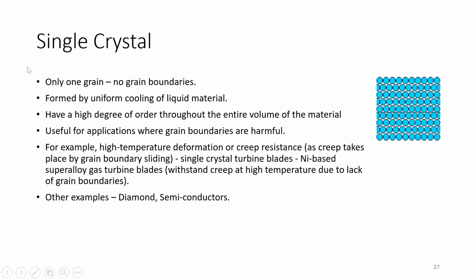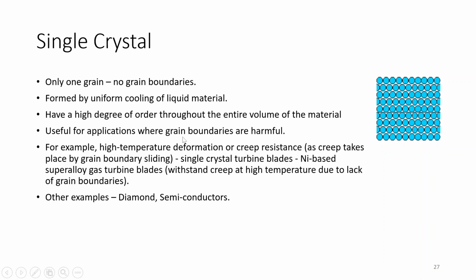Next is single crystal. In this case, you will have only one grain and you won't have any grain boundaries. It is formed by uniform cooling of liquid material. It has a very high degree of order throughout the entire volume of the material. It is useful for applications where grain boundaries are harmful.